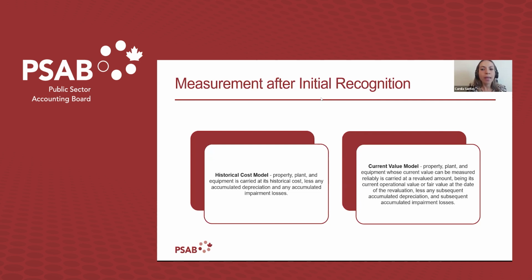So a PP&E item whose current value can be measured reliably can be recognized at a revalued amount. The revalued amount is either current operational value or fair value at the date of revaluation, reduced by any subsequent accumulated depreciation and subsequent accumulated impairment losses.